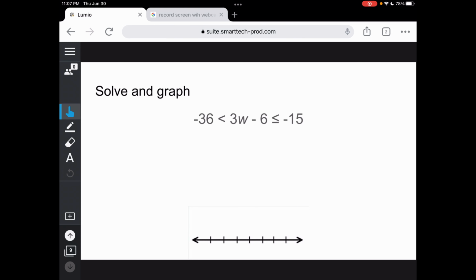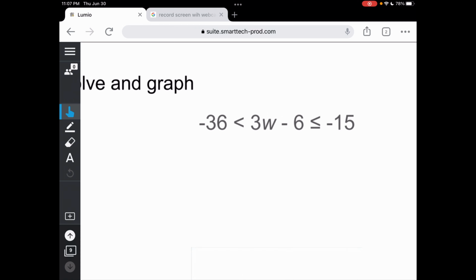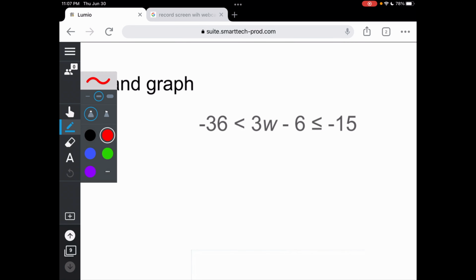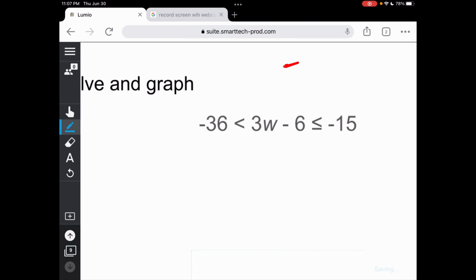So I'm going to solve by doing stuff to all three sides here. Is 3w minus 6 all by itself, or is the w all by itself? No. I'm going to add 6 to both sides. Ooh, I misspoke. All three sides. My face is just like this ink. Red. You can't tell, though.